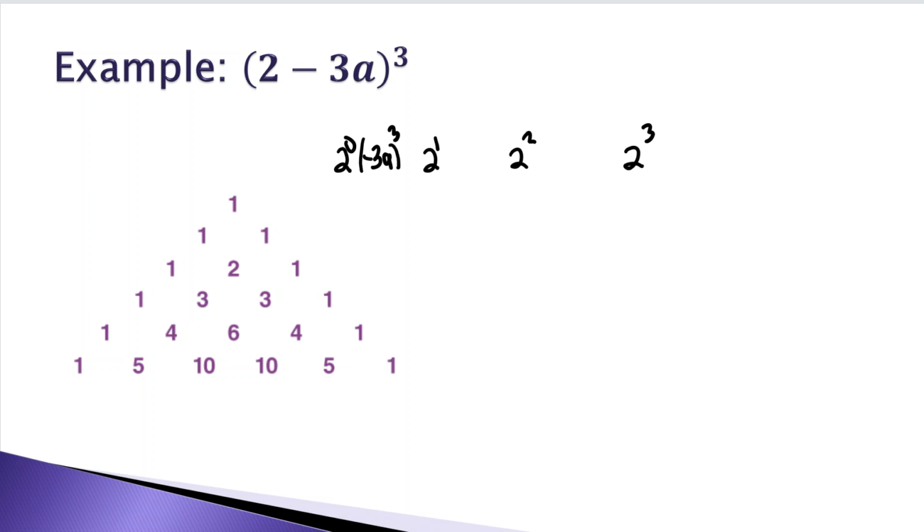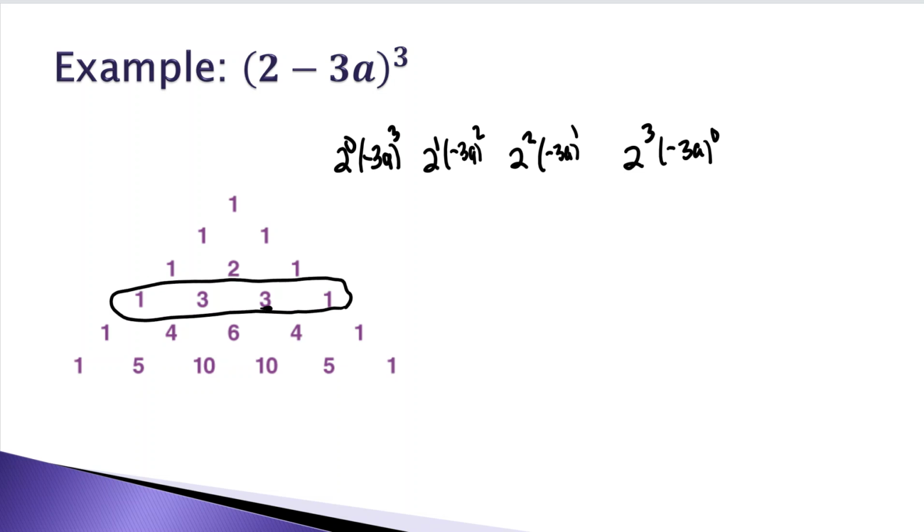Negative 3a cubed, negative 3a squared, negative 3a to the 1st, and negative 3a to the 0. I come here in Pascal's triangle to where I've got my 3. Those are my coefficients. 1 plus a 3 plus a 3 plus a 1. Now, this is pretty messy to clean up, but it could be worse.